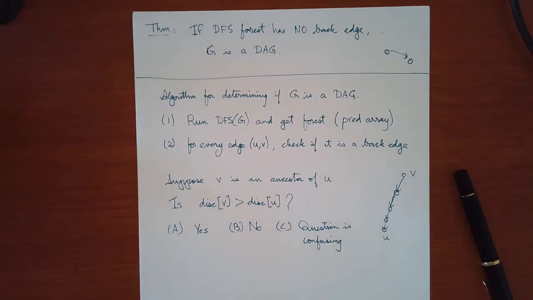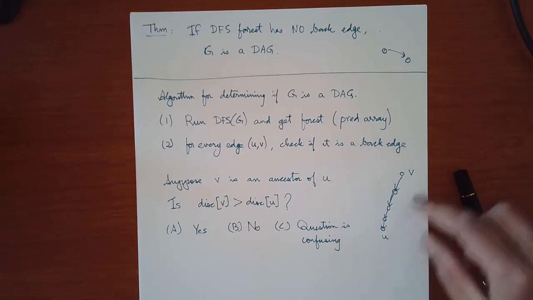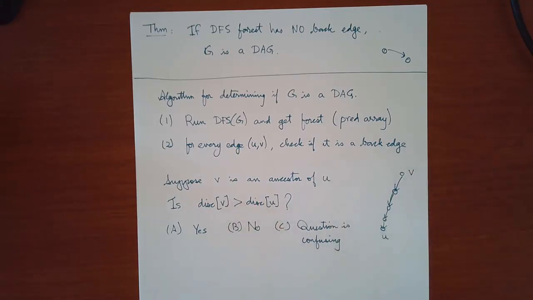This is not assumed here. I'm just saying that suppose V is an ancestor of U in the DFS forest.